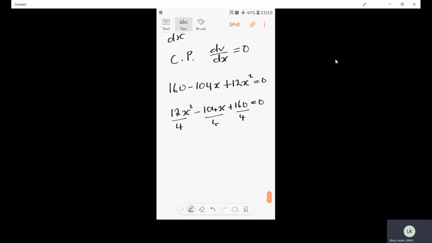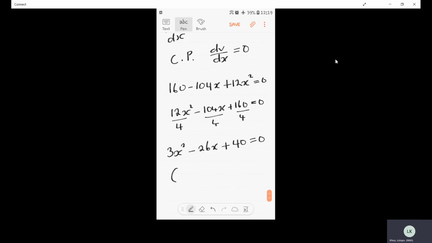Okay, so what I get is 3x squared minus 26x plus 40. This is equal to 0. So what I do now is I can solve this using completing the square, factorizing, or the formula.